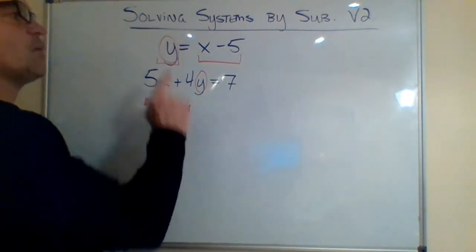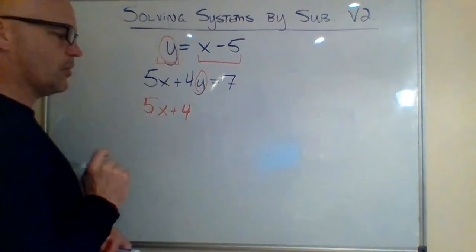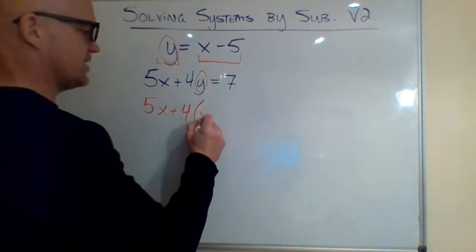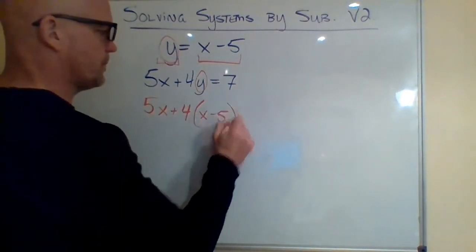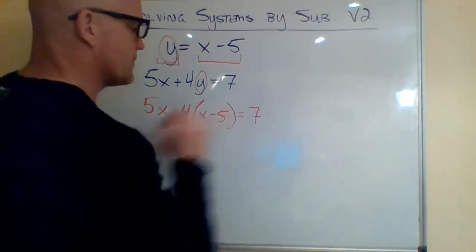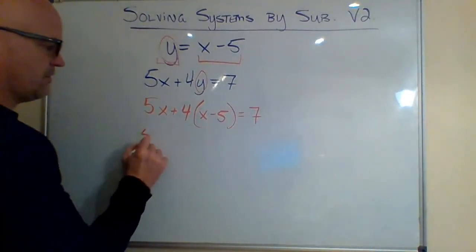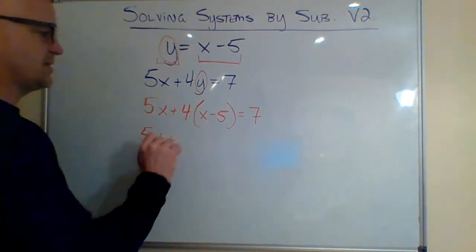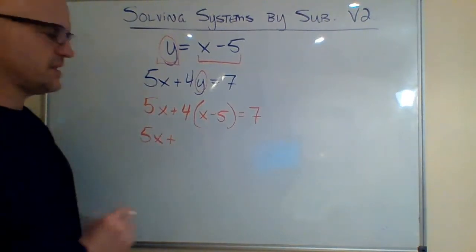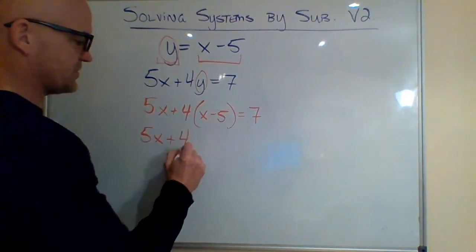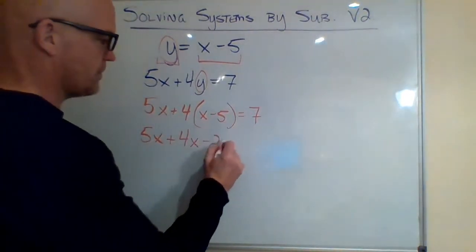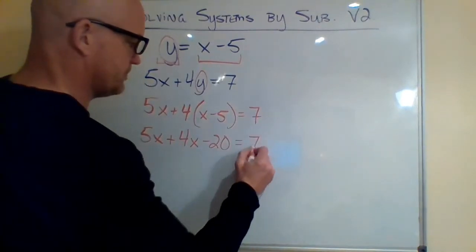Since I'm replacing y with the x minus 5 and it has to be multiplied by the 4, I need my set of parentheses. Now we can go ahead and solve. 5x plus, distribute that 4 into that. That's going to be 4x minus 20 equals 7.